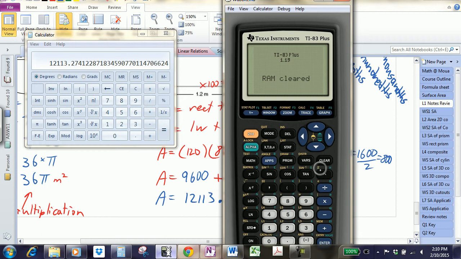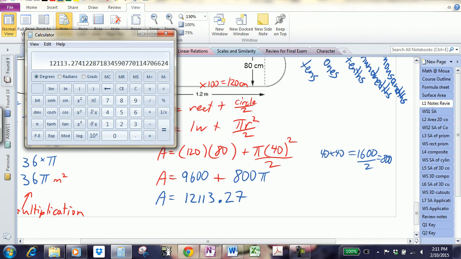Sometimes it's a yellow writing up top where you have to press second function first. Sometimes it's on your equal sign. On that one, it is right here. Oh, you got it? Okay, anyone else need help finding pi in the calculators? Come on up then, we'll help you with that.